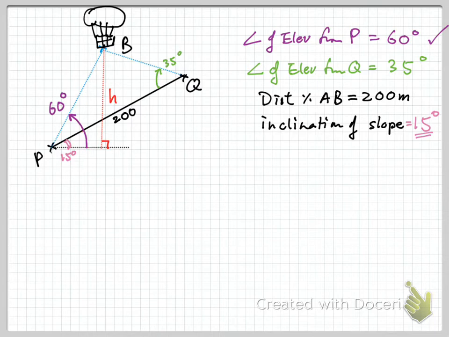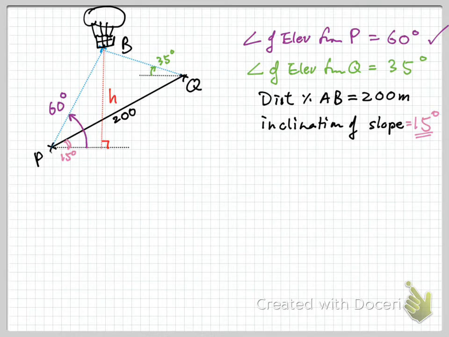This is not how we look at 35 degrees from the slope. We measure 35 degrees from the horizontal line, always. The angles of elevation and angles of depression always attach themselves to the horizontal line.